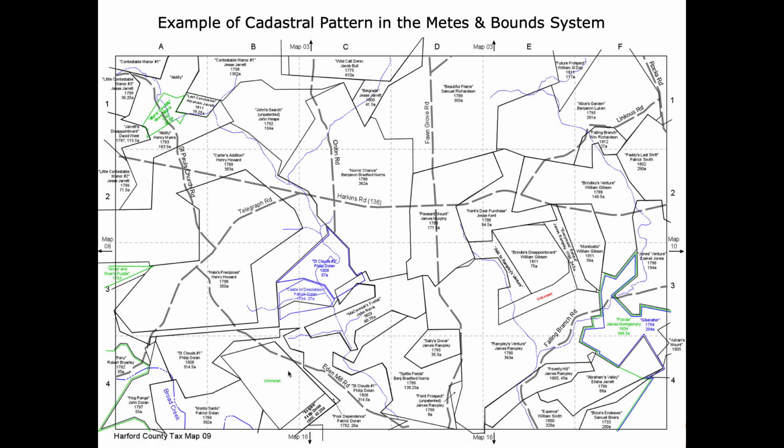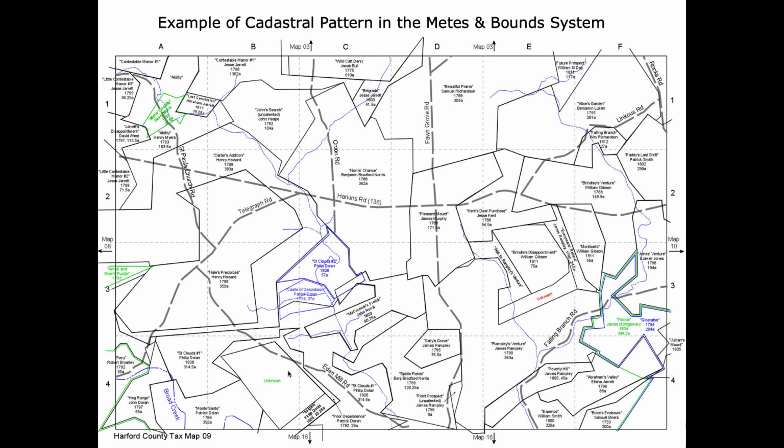This is an example of a metes and bounds survey. You're looking at a cadastral map, a land ownership map, and I think this is in Virginia. But the land ownership map has no clear system of survey.